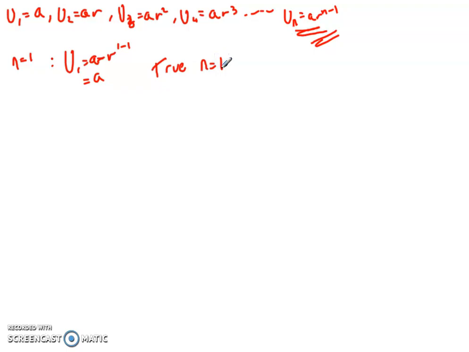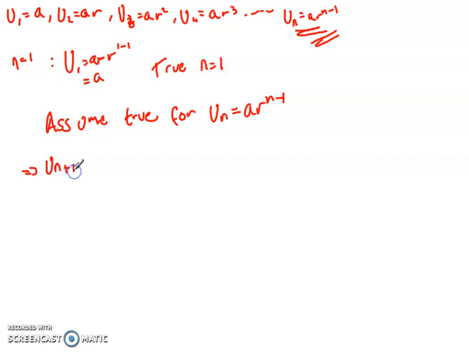Now as proof by induction tells us to do, we assume it's true for a generic term, the nth term. So assume it's true for u_n equals ar^(n-1). What we then want to do is look at the next term, the (n+1)th term, and see if that format comes up. Well, that's going to be u_n, our previous term, times the common ratio, because we're going up by that amount every single time.